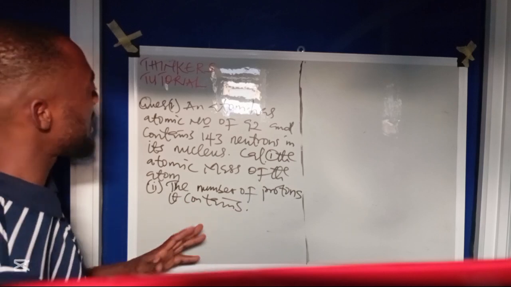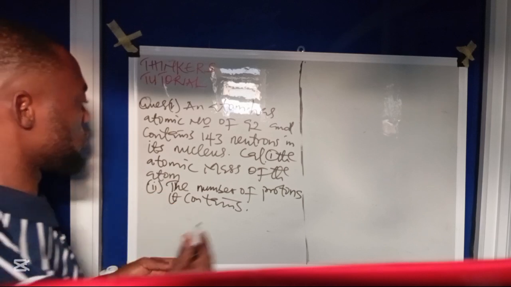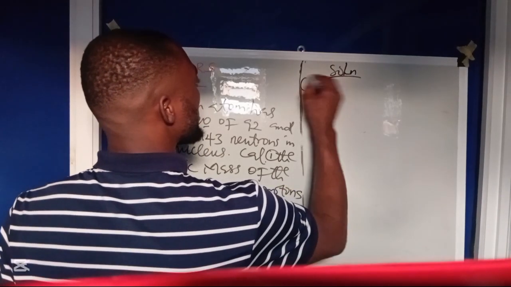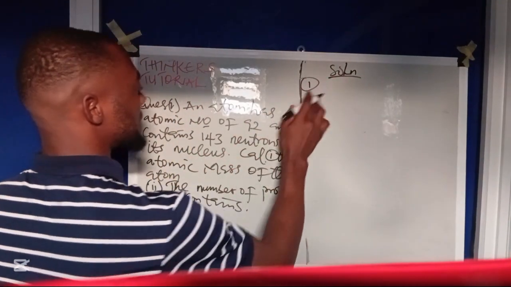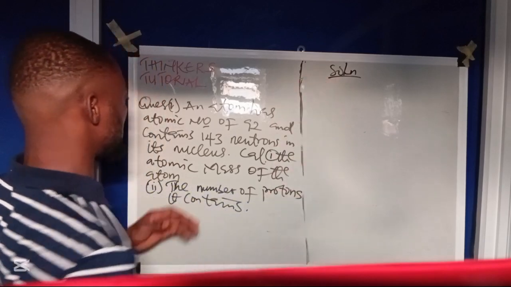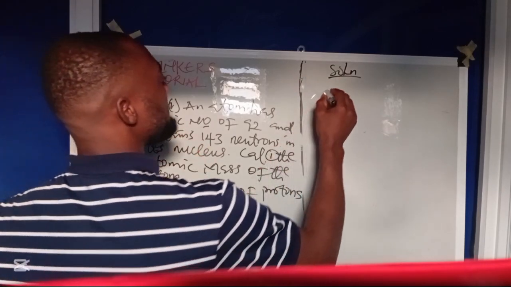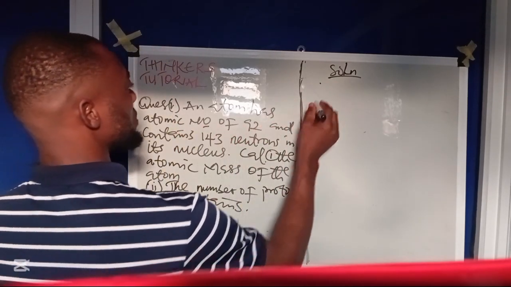So I'm going to answer two questions from what they asked. So, solution number one, they say calculate the atomic mass. But before we start answering, let's write out our parameters.